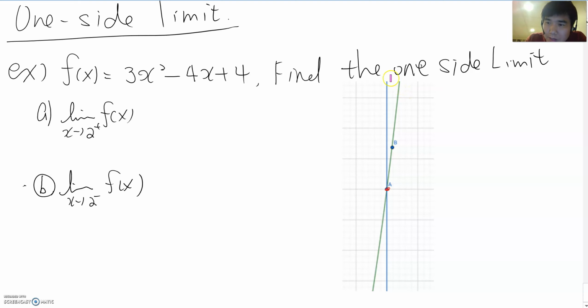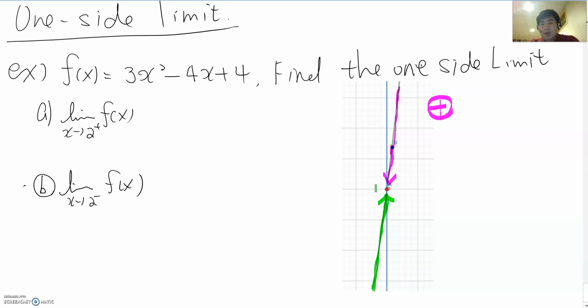This line means the y value, and this value is going toward basically this value here. That's the plus side limit, from the right side. Then 2 minus means from the left side, like this.